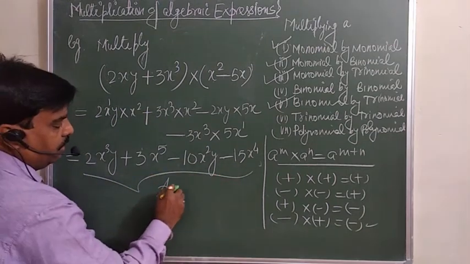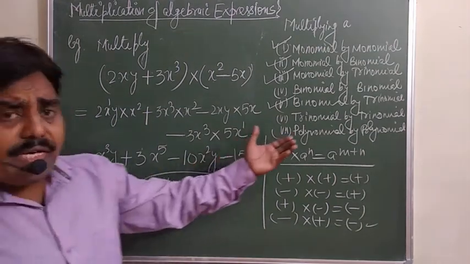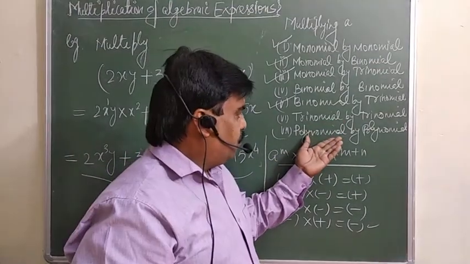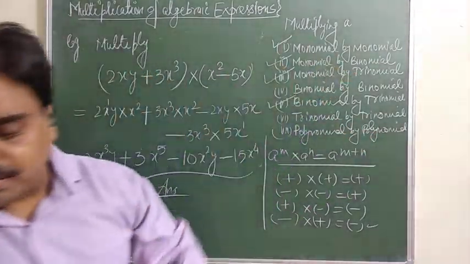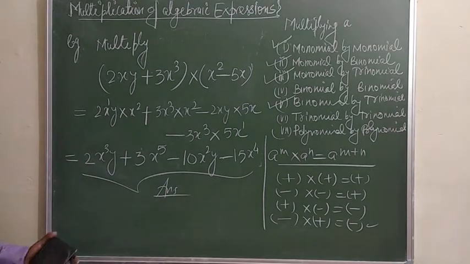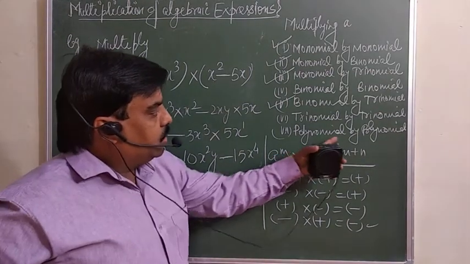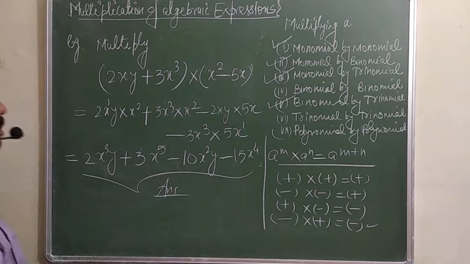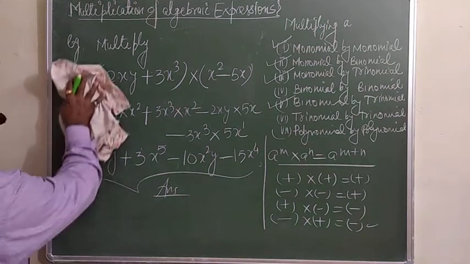this is the answer. Now similarly we can take the polynomial by the polynomial or the polynomial by the monomial, likewise we can take. So one more example I am taking in case of the polynomial by a polynomial. So look at here now.